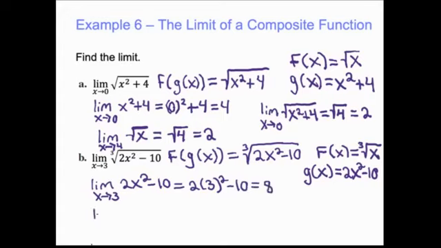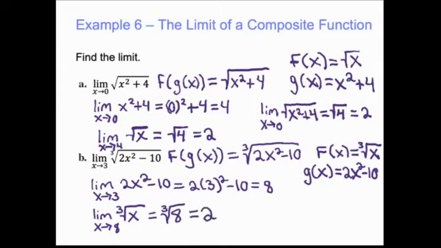And then we're going to take the limit of f of x as x approaches 8. So we have the limit as x approaches 8 of the cube root of x. That equals, by direct substitution, the cube root of 8, which equals 2.